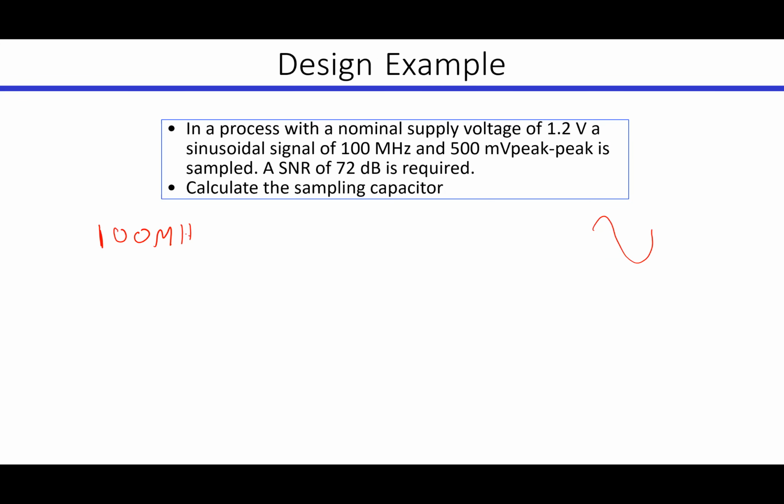So I have a 100 megahertz clock and a 500 millivolt peak to peak signal. We need an SNR of 72 dB. What should be the value of the capacitor that we should select here? Take 1 minute to think about it.